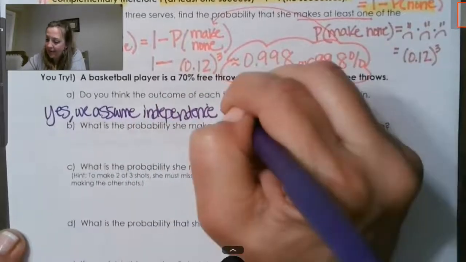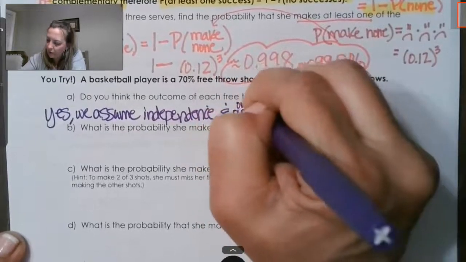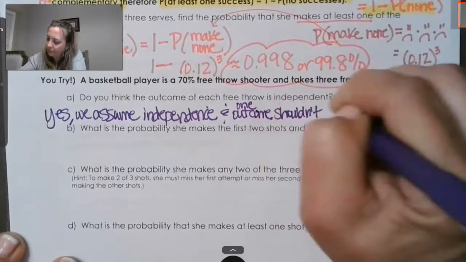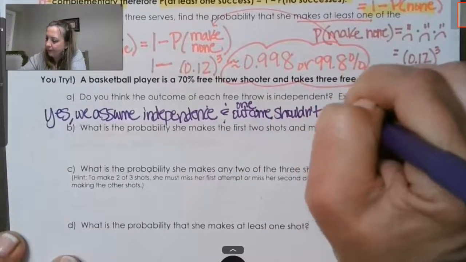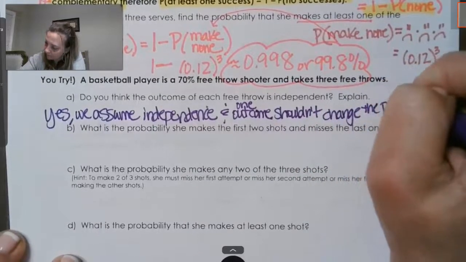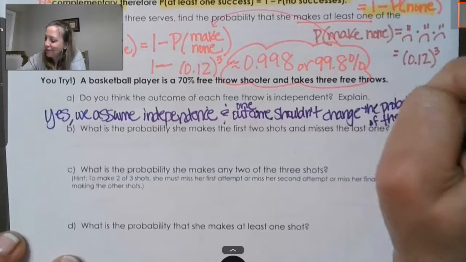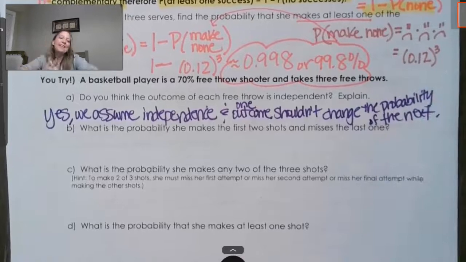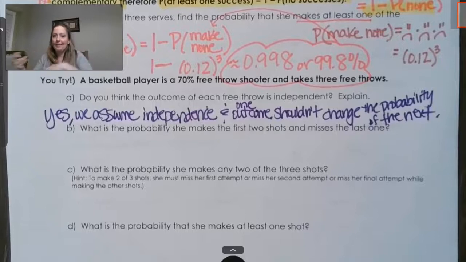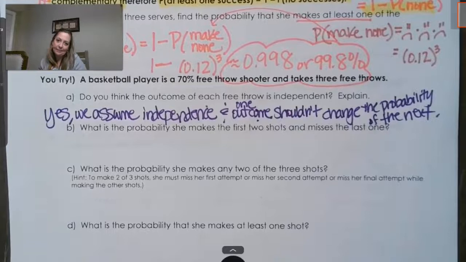And also one outcome shouldn't change the probability of the next. So if we write our answer that way, then we talk about the idea of assuming independence, but also the idea of what it means to be independent, that one outcome doesn't change the probability of the next.